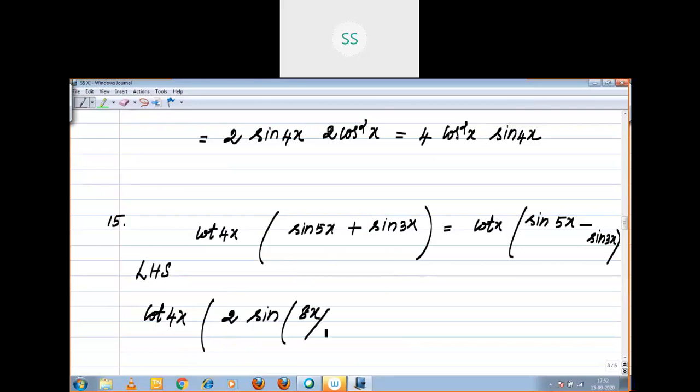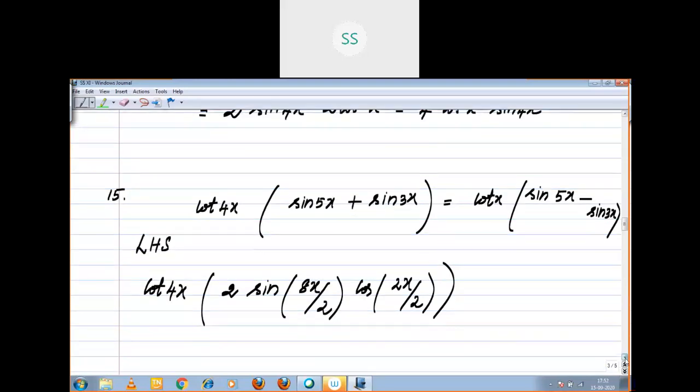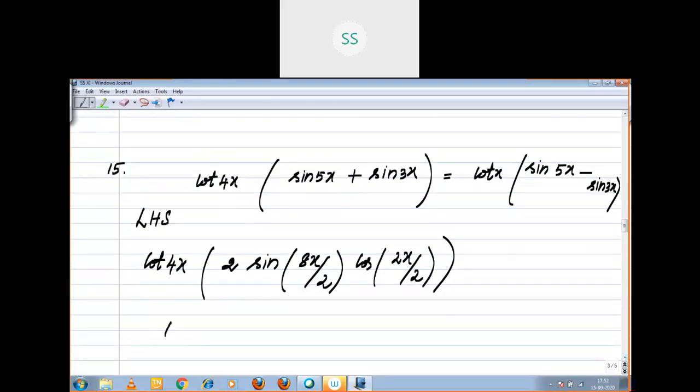sin A plus sin B. 2 sin 8x by 2 cos 2x by 2. Directly I wrote because we did several times. Got it, children? Say yes or no. Now, cot 4x into 2 sin 4x into cos x. See here, the 2 cancel, 2 4s are, right?